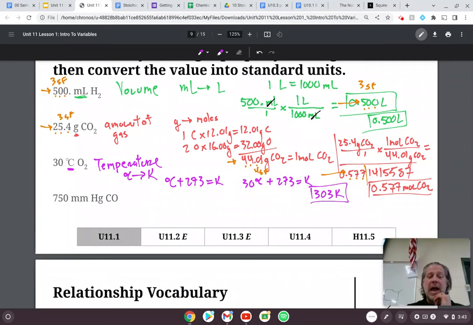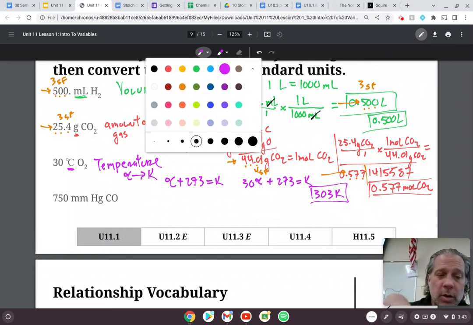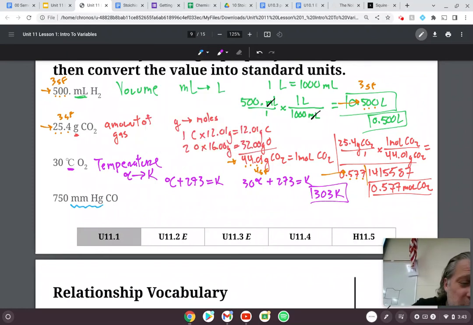And then lastly, I have this other example here. Process of elimination will tell us, but millimeters of mercury means that we're dealing with pressure. Okay. And we're going to convert to the standard unit, and the standard unit says I'm going to go from millimeters of mercury to atmospheres.